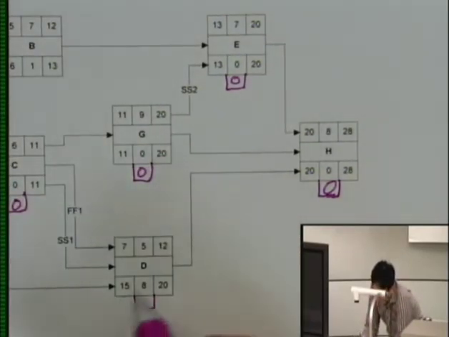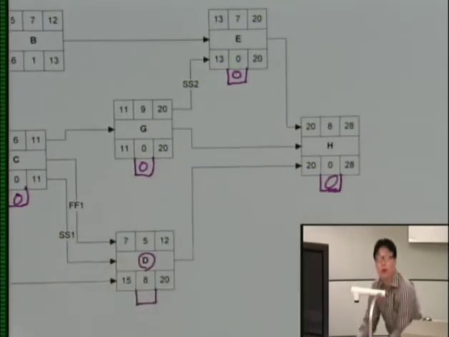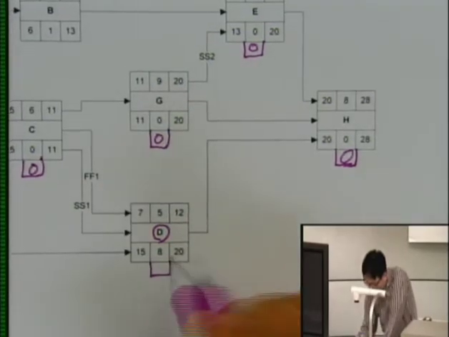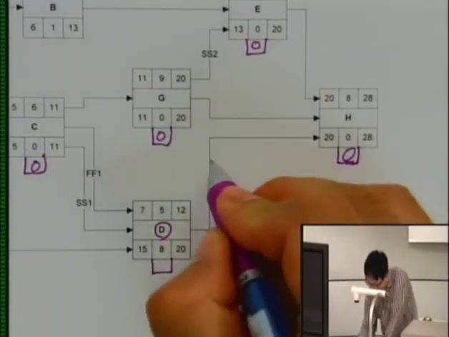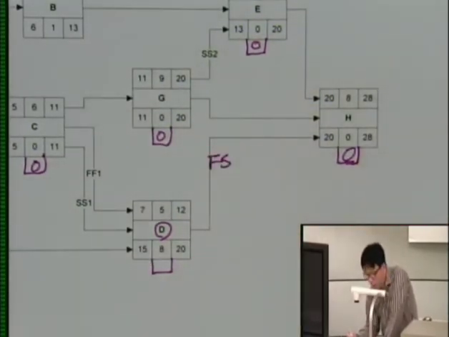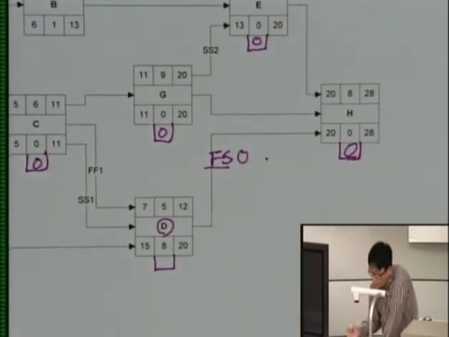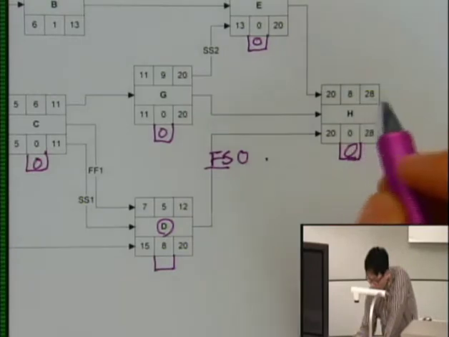Let's look at how you can calculate free float of activity D. The way to calculate free float: this is the finish to start relationship with 0 day lag, so that will also be very simple.